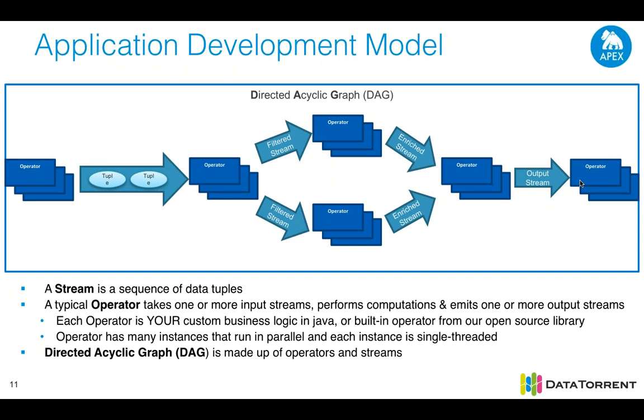So even Spark streaming is actually using small batches, and when you have a batch, you automatically have latency, because when you get the first event, you still have to wait for the last event of the batch to arrive before the batch can be processed. So we have people using Apex where applications need latencies in the order of milliseconds, like fraud detection. And that performance you cannot get from Spark.